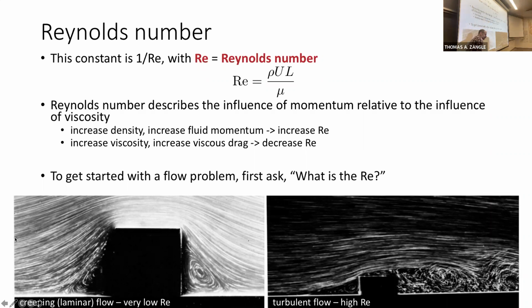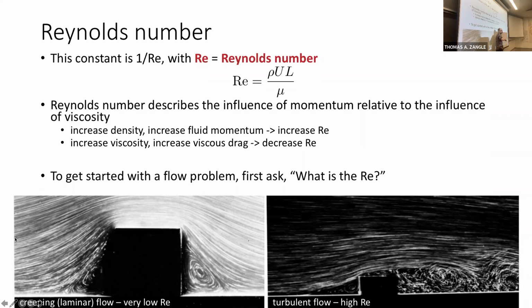And this is what happens at very, very low Reynolds number. Reynolds number basically going to zero, so we can ignore fluid momentum. If we don't have the influence of fluid momentum, then we can end up with this nice symmetry in a flow problem. On the other hand, when we go to high Reynolds number, this could be the same fluid, same setup, same lab, but we're just now at high Reynolds number.